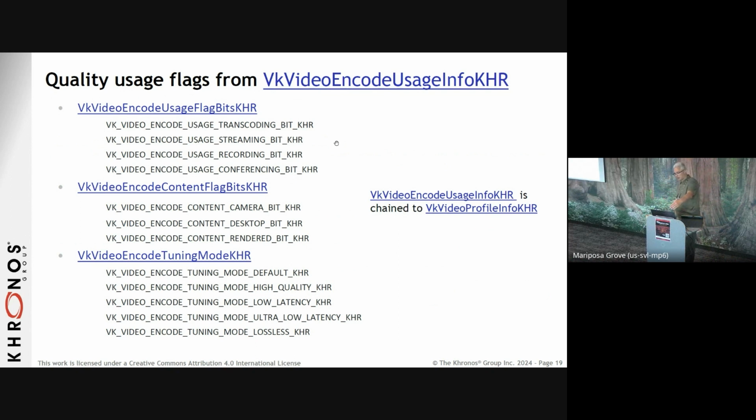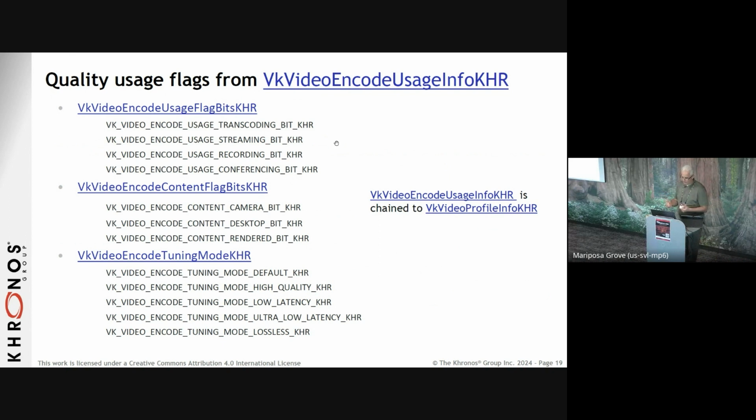Pretty much what this structure contains is information, or hints, if you will, about how you want to use the encoded content. Are you planning to, for example, just do transcoding, maybe a recording that requires a much stronger compression, or maybe you're going to do conferencing where you're going to need very low latency encoding.